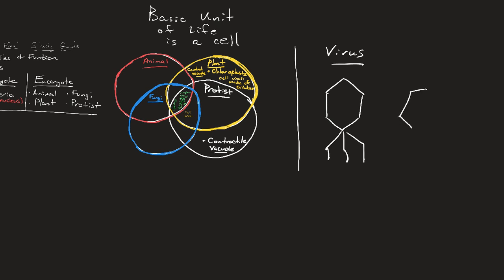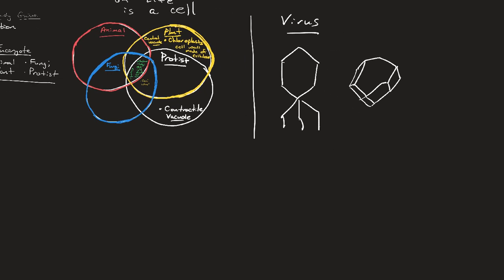They're very tiny compared to other cells. Inside, they have either DNA or RNA, single-stranded RNA or double-stranded DNA.